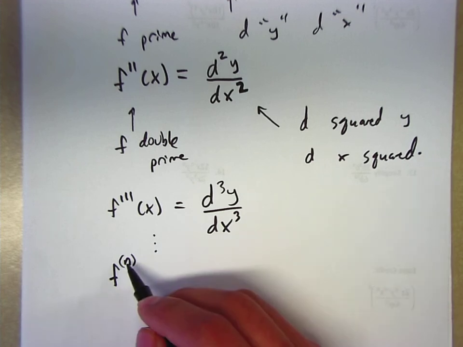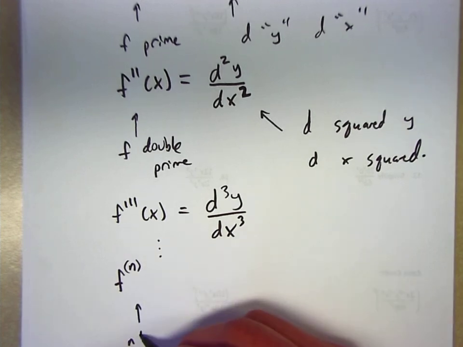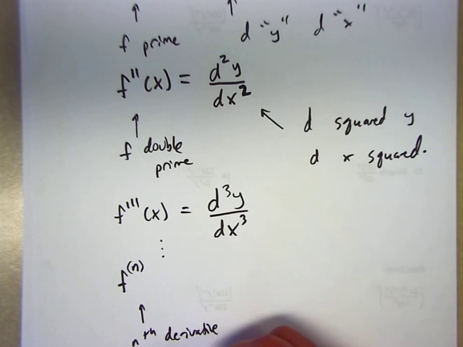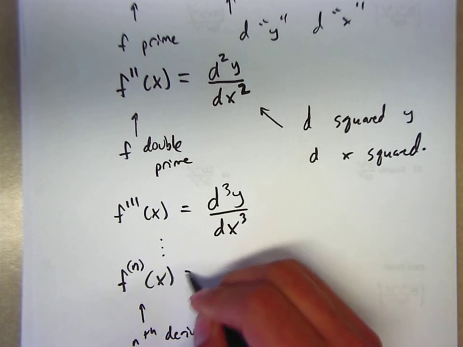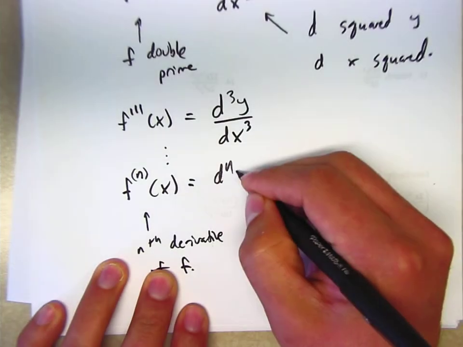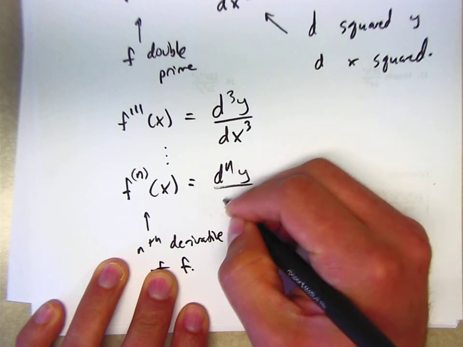What they'll do is put the number in parentheses, and this means the nth derivative of f. And then you would still write it the same way as we've been doing with the d dx notation. It'd be d to the n y over dx to the n.